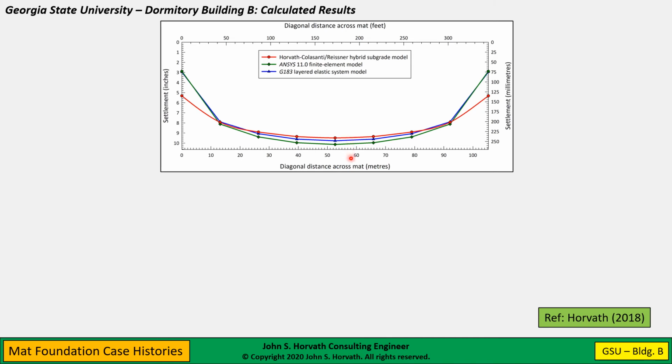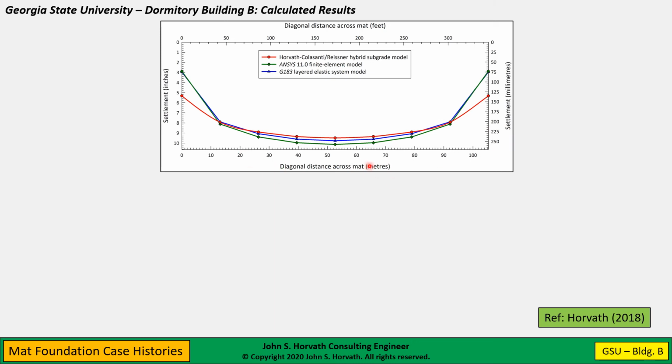Now, I do want to point out that in this case, normally when you have, say, a rectangular mat, people will present the settlements as either transverse or longitudinal cross sections. In this case, Maine chose to show the data as diagonals in two directions.